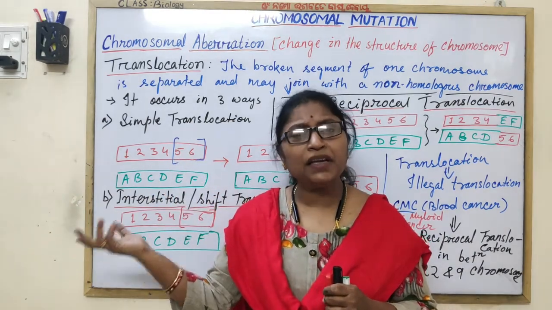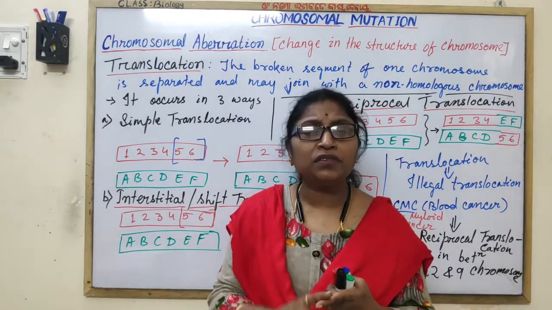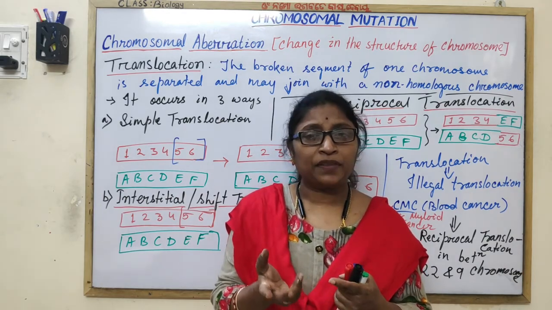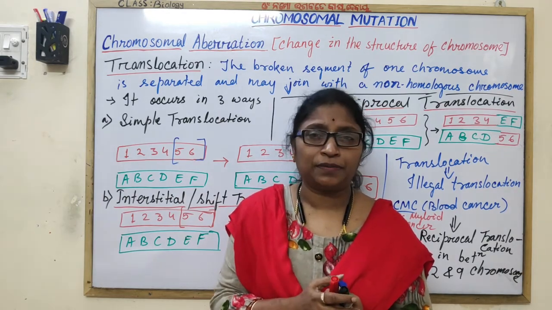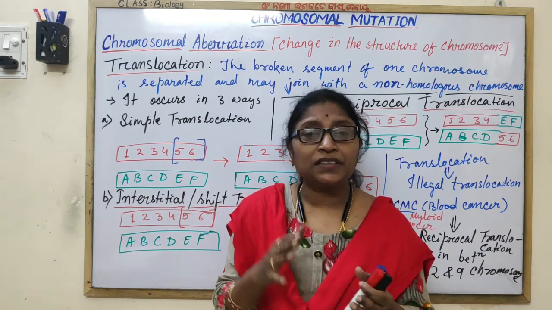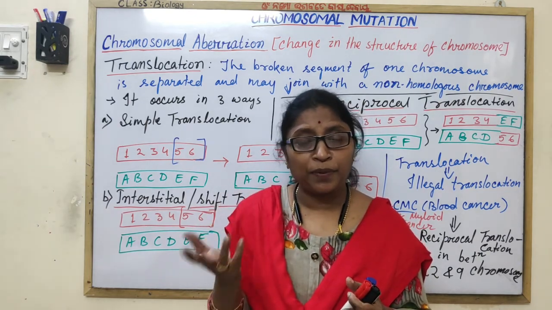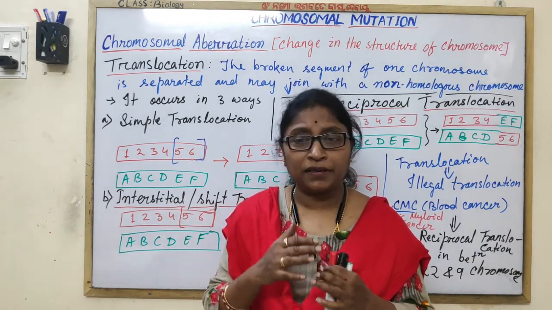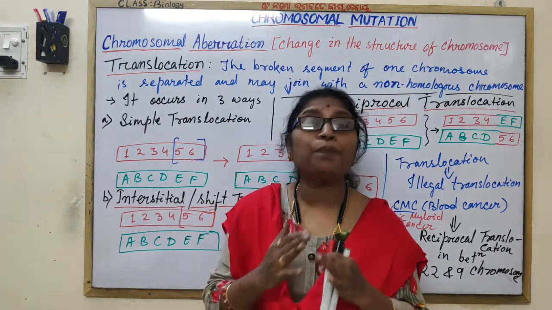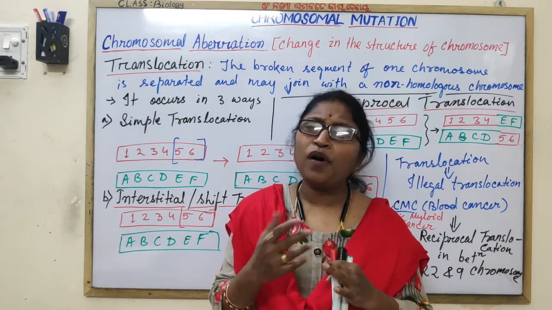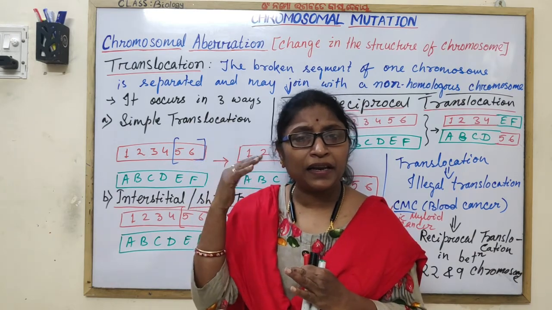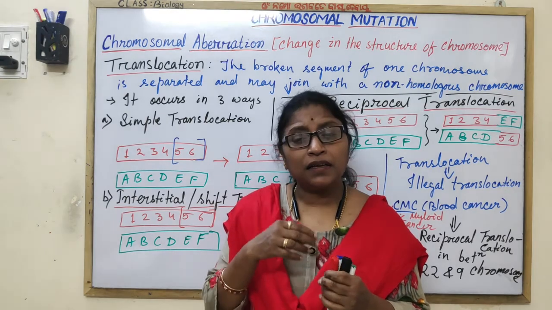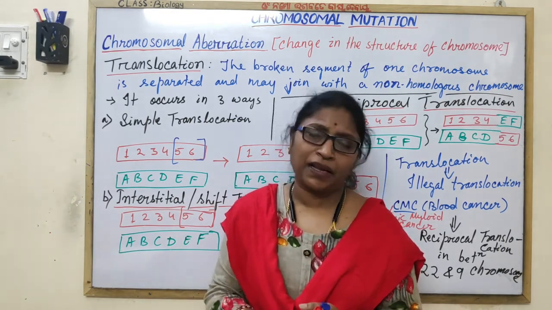In aneuploidy, the chromosome number of one or a few sets is changed. As we discussed, monosomy, double monosomy or nullisomy come under hypoaneuploidy, and the other is hyperaneuploidy, that is trisomy, double trisomy, tetrasomy, like that.